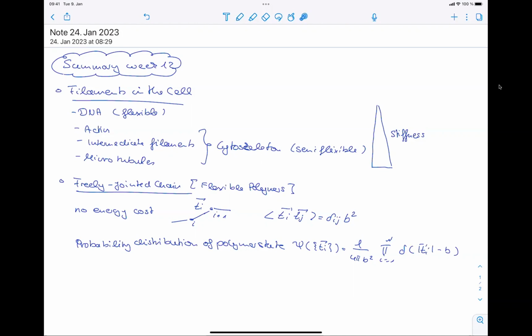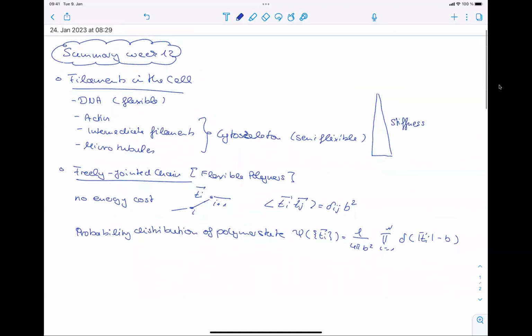So this constraint says that this distance is always b, and it's something that only becomes apparent if I stretch. If I take the two ends of a polymer and apply force on it and stretch it, then eventually I will realize that I can only stretch the polymer to a length of Nb.